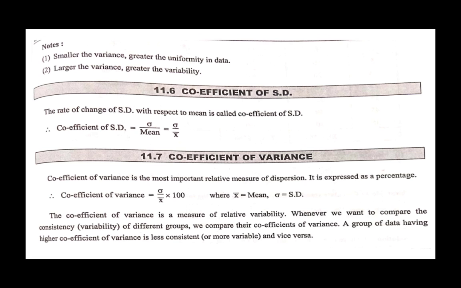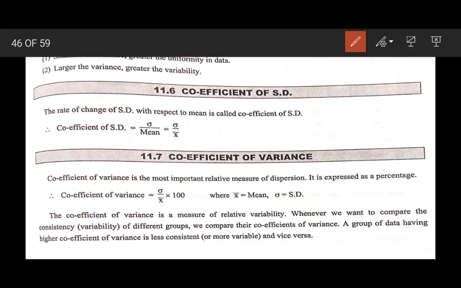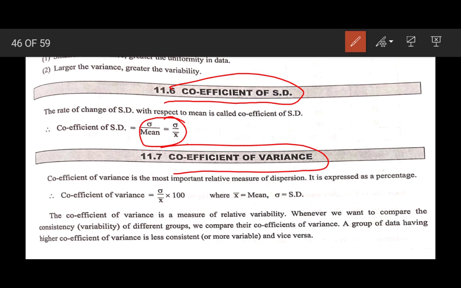Then the coefficient of standard deviation. A relative measure is a coefficient. The coefficient of standard deviation formula is sigma upon mean, meaning sigma upon x bar. And the coefficient of variance is equal to sigma upon x bar into 100, where sigma means standard deviation and x bar means mean.